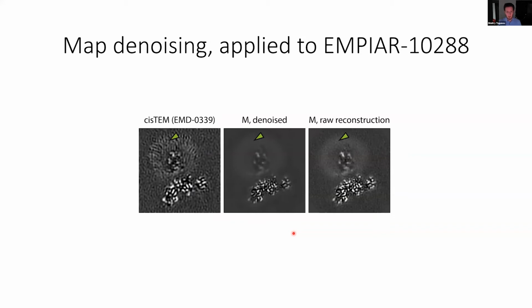And M takes a somewhat different approach here. Instead of using some FSC or explicitly SNR-based solutions, it simply trains a noise-to-noise based denoising model on the two half maps that we get from the particles.